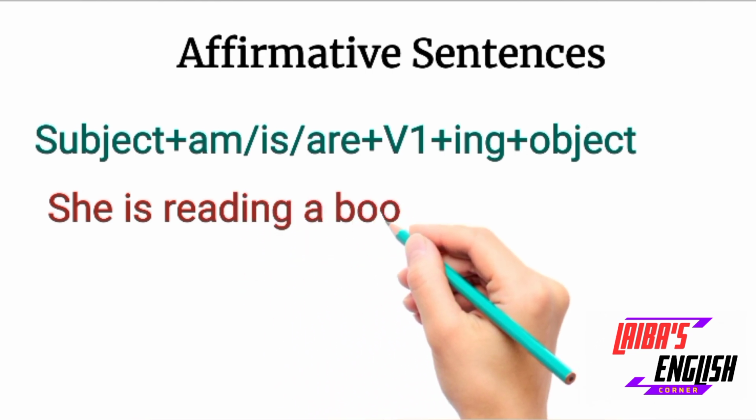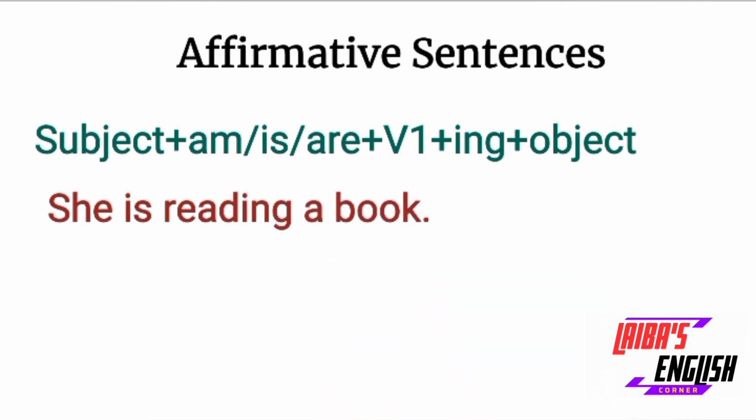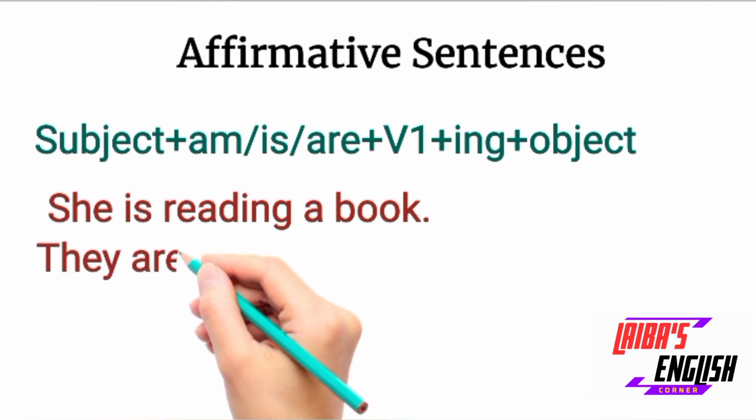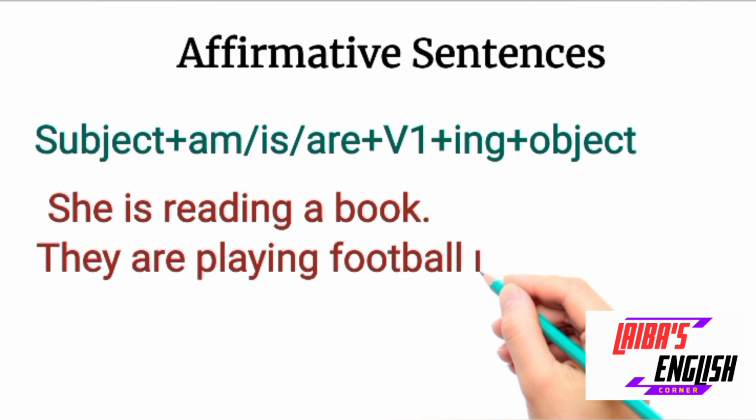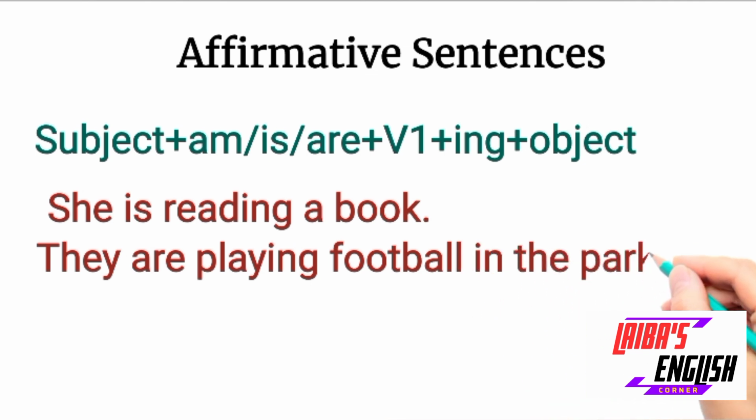First example is she is reading a book. She is the subject, then we have the helping verb is. Read is the first form of the verb, plus ing makes it reading. A book is an object. Remember that using an object is not obligatory. You can also skip the object.